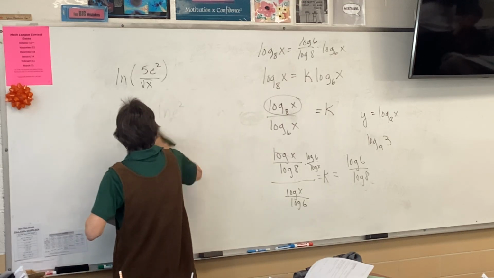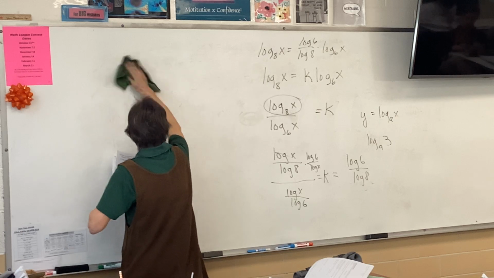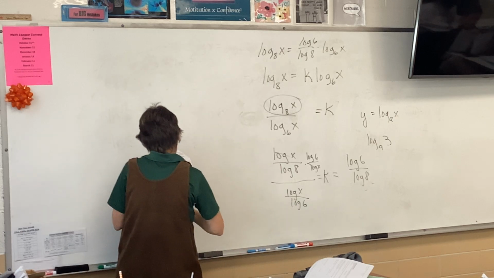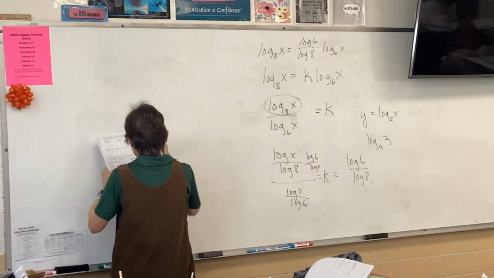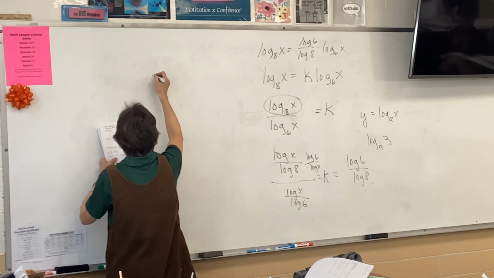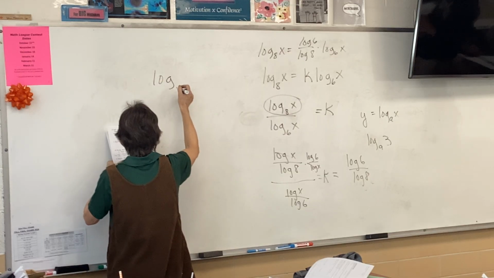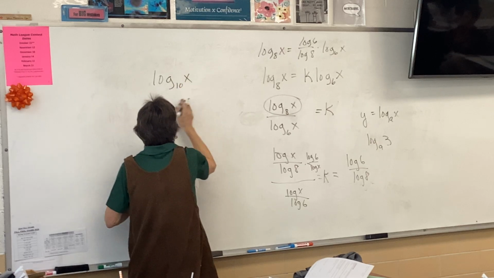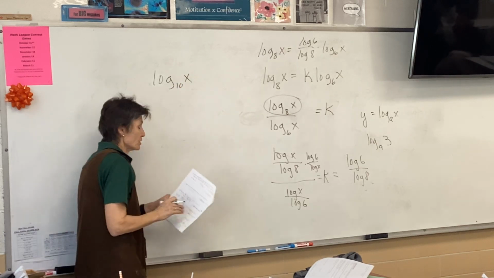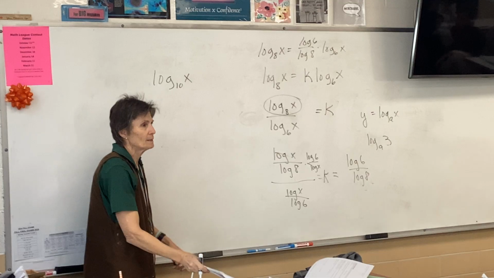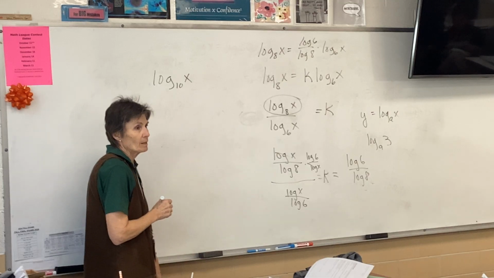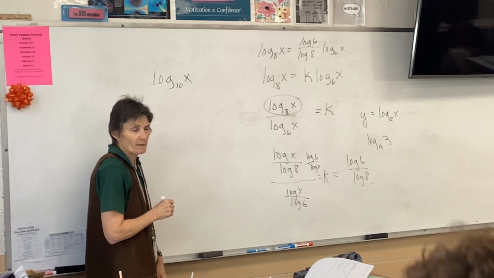So let's look at what we've got. Let's just change that real quick. Let's change that into a natural logarithm, and then we'll just times it by 3. Okay, so how do I change the base on that?